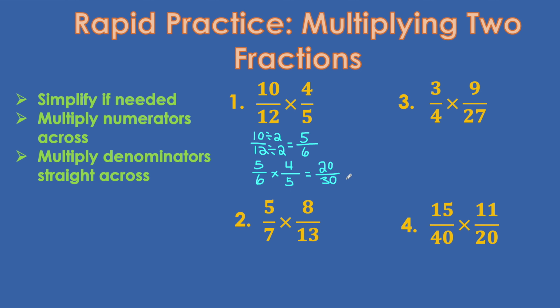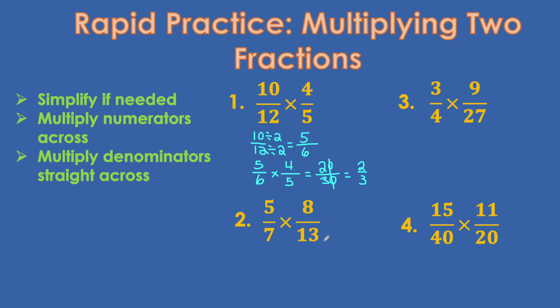Whenever we have the same amount of zeros at the end of the numerator and the denominator, we can cross out the zeros because they're equal, so we wouldn't be changing the value of the fraction. This is a faster way of simplifying, which would equal 2/3. So our final answer is 2/3.